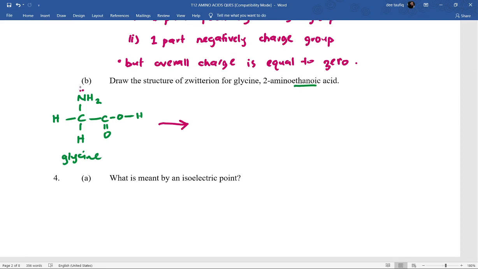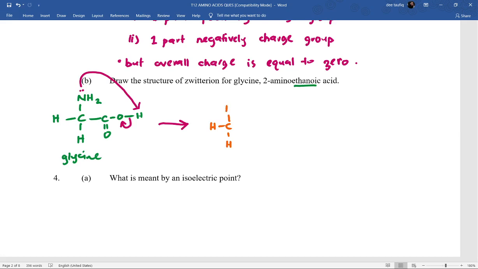So lone pair of nitrogen, dia akan ambil H. Okay, so the bonding electron in between OH will return to oxygen. Okay, so what happened here is the final product will be, so this is our CH2, tak ada perubahan.